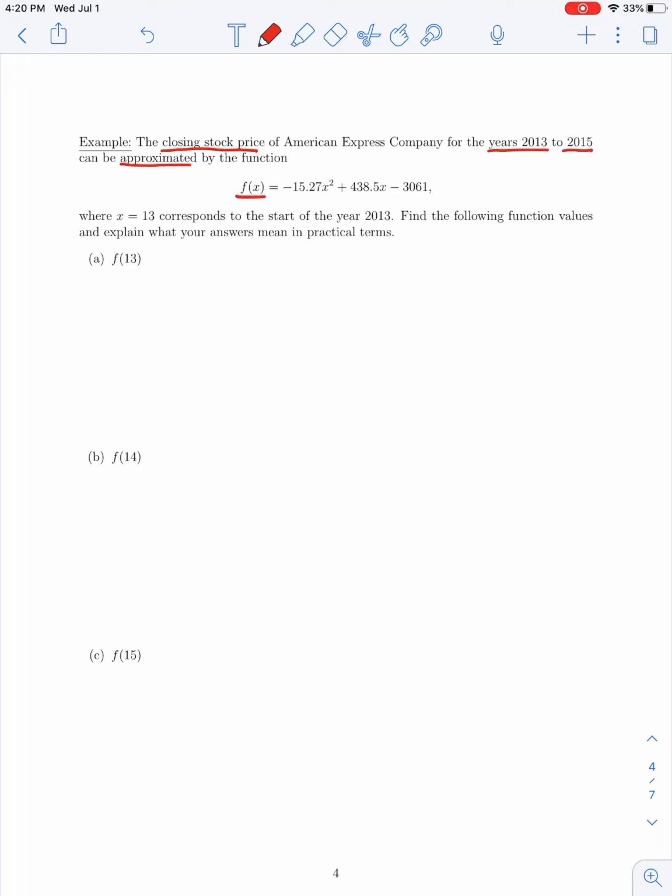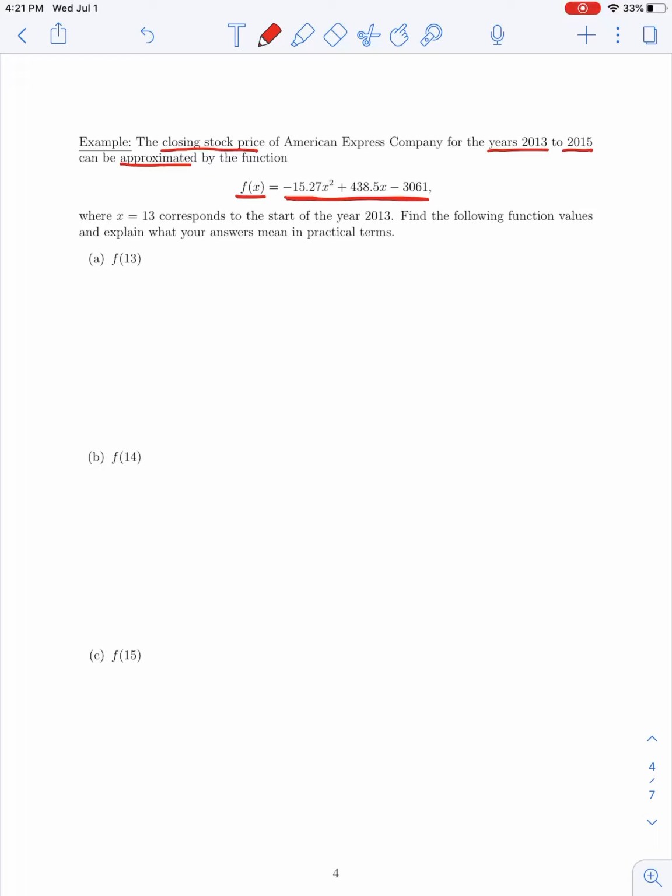F of x is defined as follows. So we see here it involves some messy decimals, and in general, when we're working with problems in finance, business, economics, usually the numbers don't work out particularly nice for real-world applications. So in some of these problems we'll consider throughout the course, it's useful to make use of a calculator to simplify some of your computations.